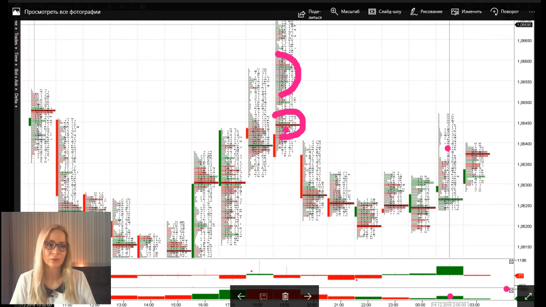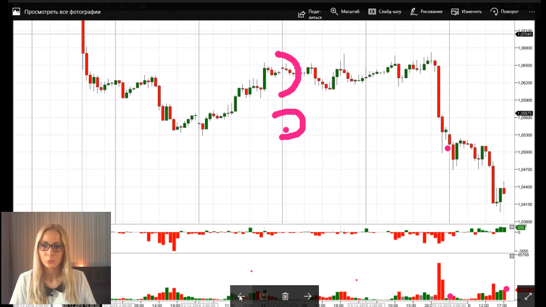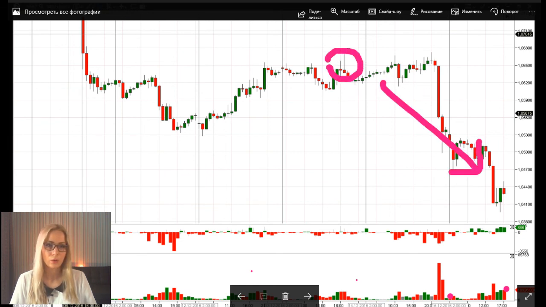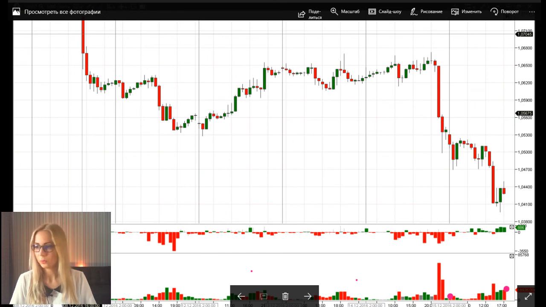We can see sellers. Okay, so it's our entry and you remember this price movement? Yes, it was our trade here, from here to here. Okay, let's go further.